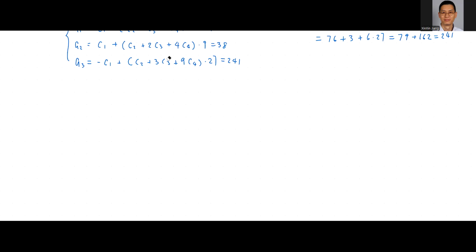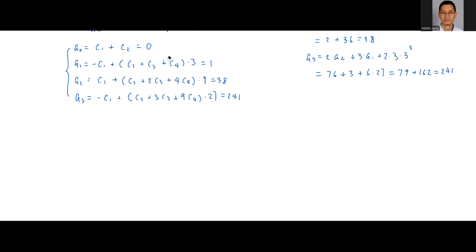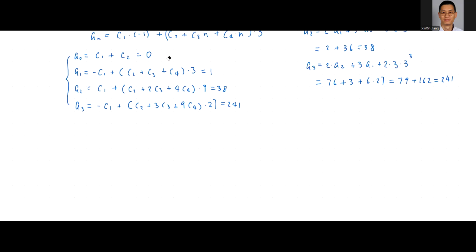All right. Well, actually, I need a little bit more. Okay, so let's organize these equations. You have negative C1 plus C2 plus 3C3 plus 3C4 equals 1.